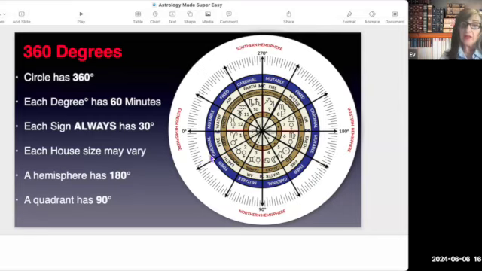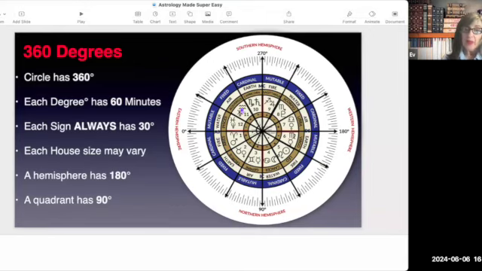In the building blocks of each sign is also an element. The elements are fire, earth, air, water, fire, earth, air, water, fire, earth, air, water. Most everything goes counterclockwise, okay?